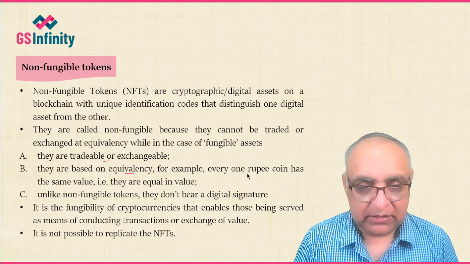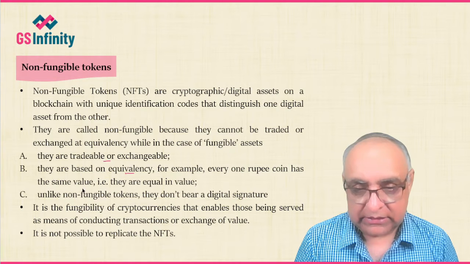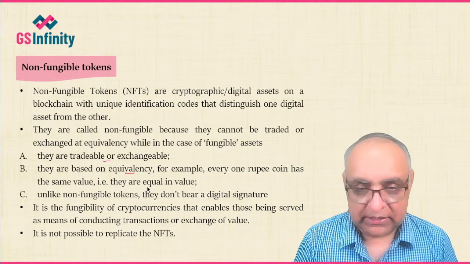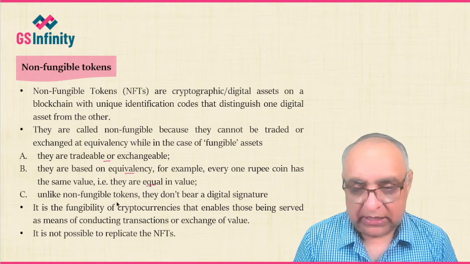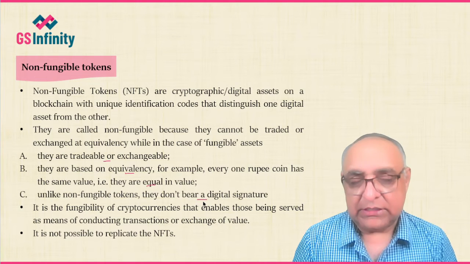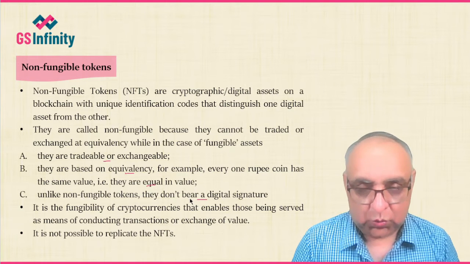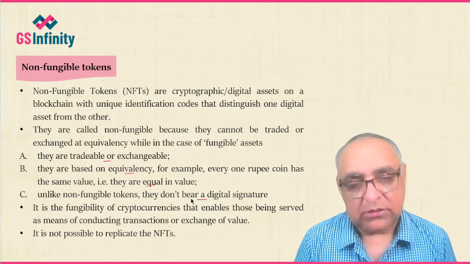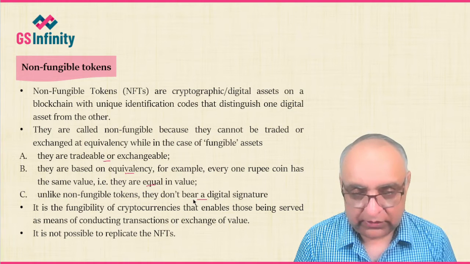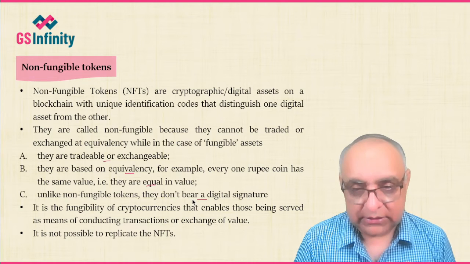For example, every 1 rupee coin has the same value, that is, they are equal in value. Unlike non-fungible tokens, they don't bear a digital signature. So non-fungible tokens bear a digital signature, and fungible tokens don't bear a digital signature.